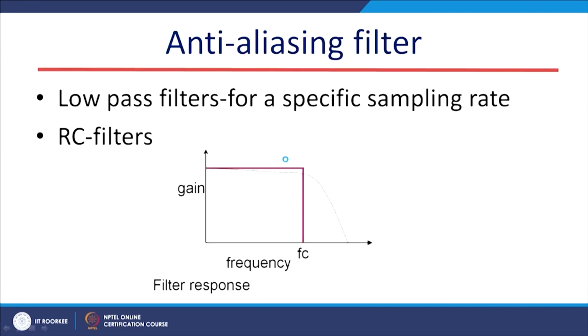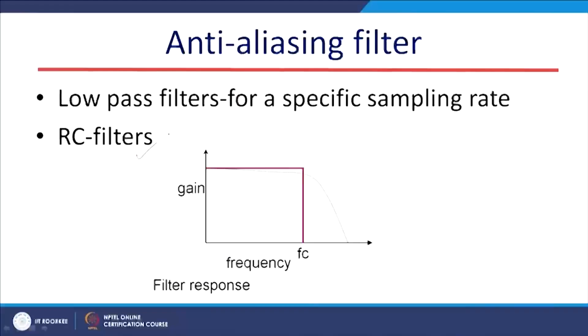Now, we also use low pass filters, where we remove the higher frequencies and pass the low frequencies, including our fundamental frequency, for our application purpose. Basically in this case we use RC filters, and sometimes some other low pass filters are also used.